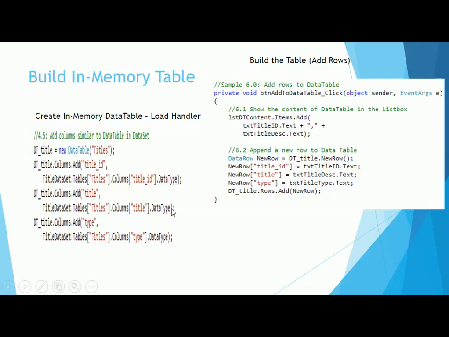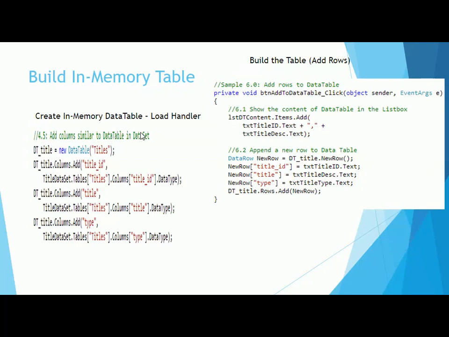So far we haven't built the in-memory table. So what we have to do, first we have to go to our load button handler. We know that in the load button handler, in code snippet 4.1, we are making a call to the adapter.fill method to create the data table and data set.